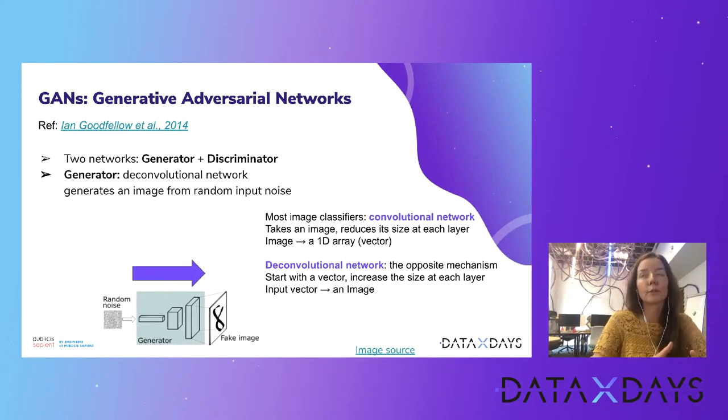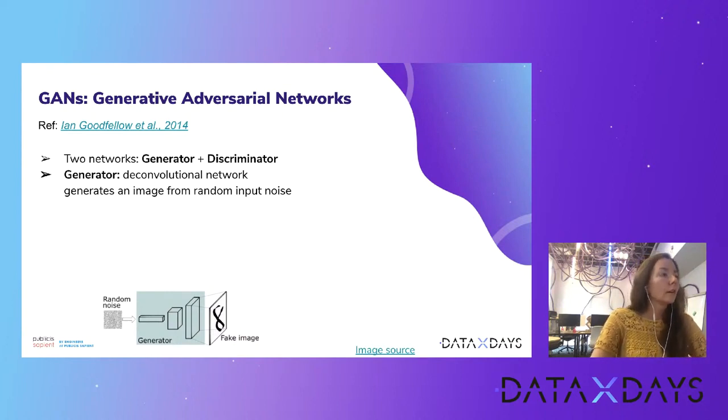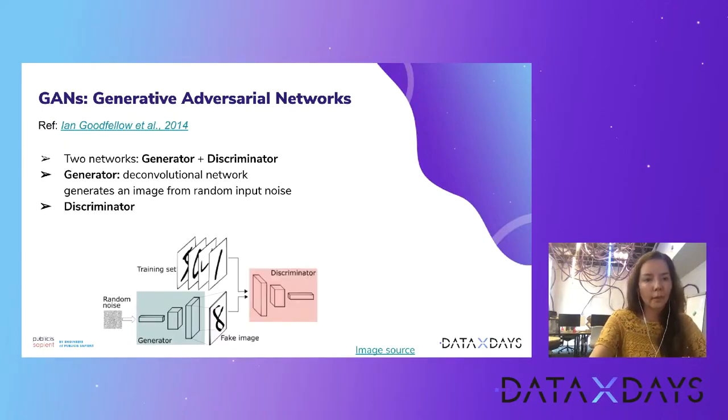When you pass something through a deconvolutional layer, instead of decreasing the size of your image, you will actually be increasing it. So in the end, you will arrive at this fake image that you have generated. So that was the generator.